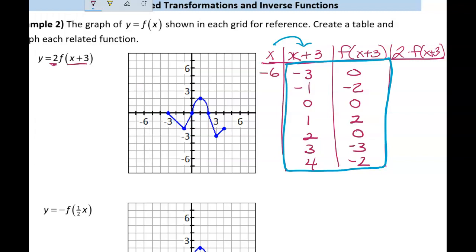So -3 minus 3, -1 minus 3, 0 minus 3, 1 minus 3, 2 minus 3, 3 minus 3, and 4 minus 3. And then in our last column, we'll take 2 times the f of x plus 3 values. So we're going to double each of these.